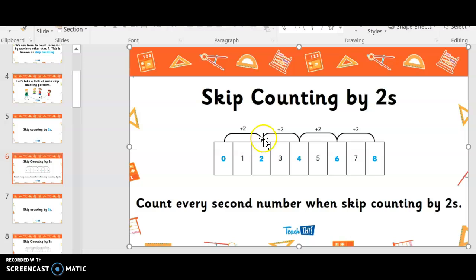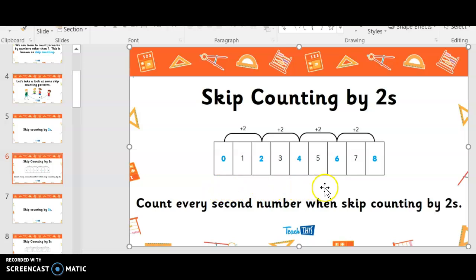Skip over 3 and you land on 4. Skip over the next number and you land on 6. Skip over the next number and you land on 8. So if you are skip counting by 2s, you would say 0, 2, 4, 6, 8.